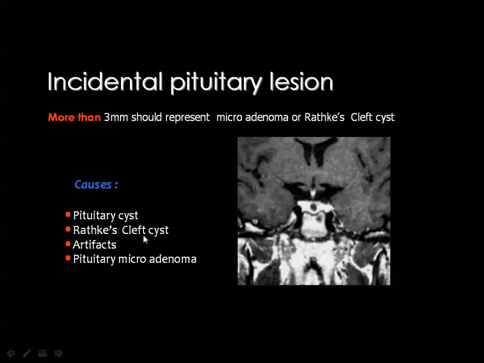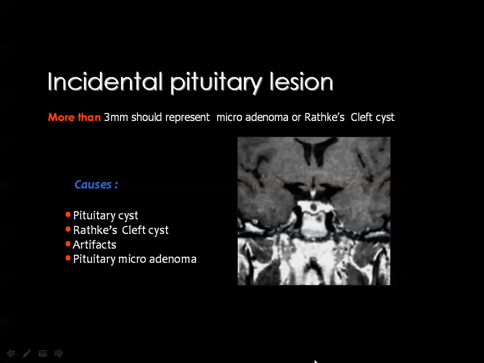The Rathke's cleft cyst, which is a cyst arising from the nasopharyngeal duct, as I will mention, is classically located in the midline below the level of the infundibular stalk. This is one of the typical locations of the Rathke's cleft cyst whenever it is small.